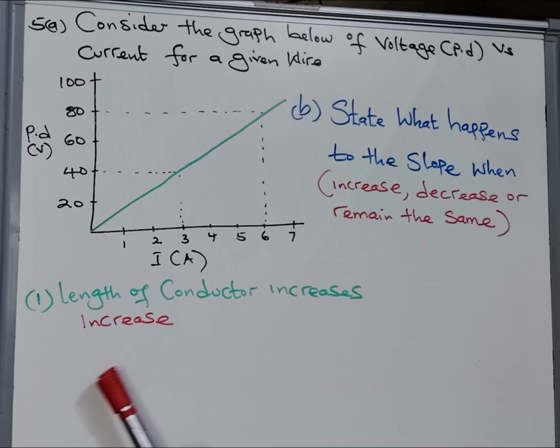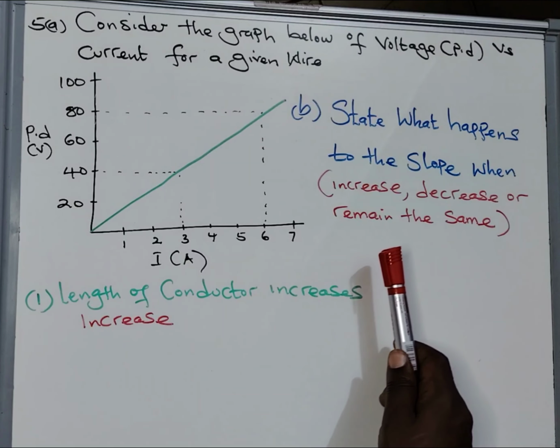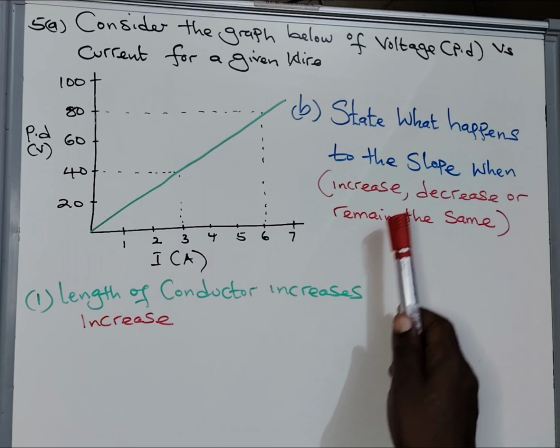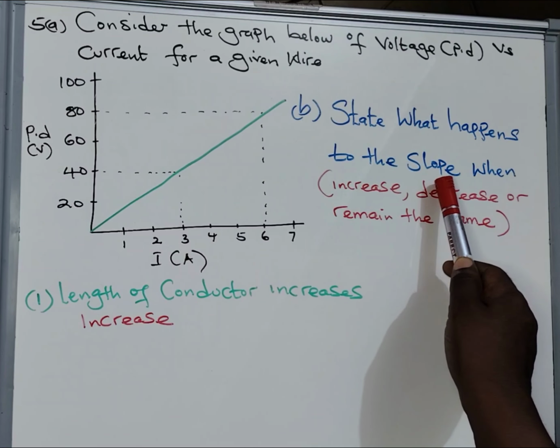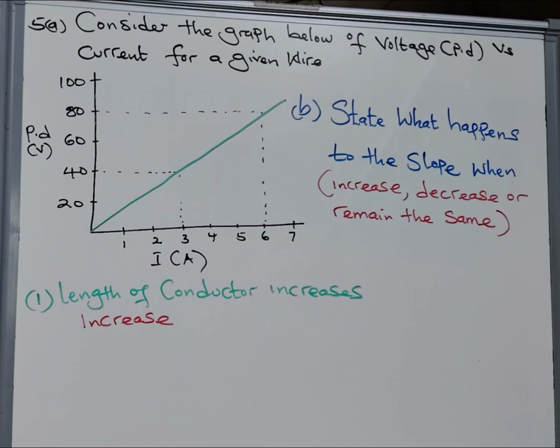If I may ask, what's the reason? We need to remember that slope represents the resistance of the conductor, and the longer the conductor, the higher the resistance. So the slope will increase.